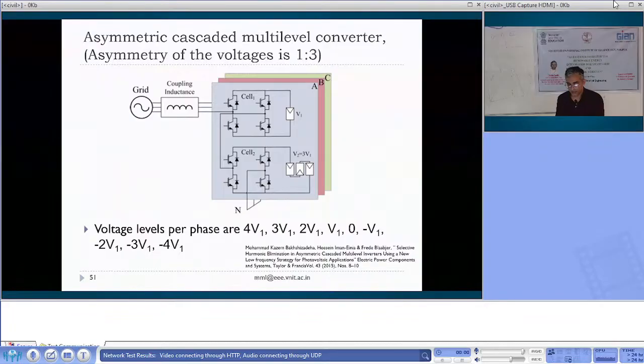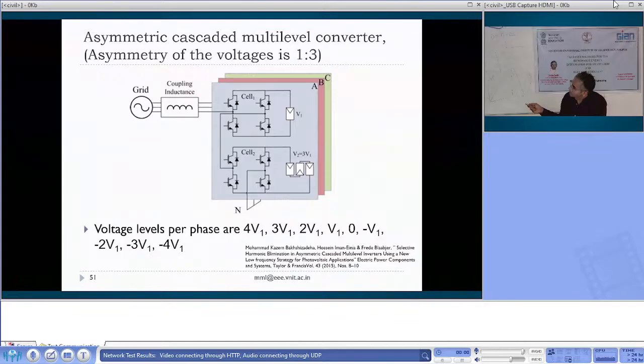Now this is just an example given by one paper here. This is selective harmonic elimination, where you have 2 sets of the system. You have V1 and 3V1. So this is your V1, this is your 3V1. You have more panels for this inverter.